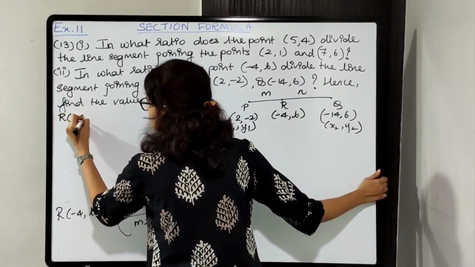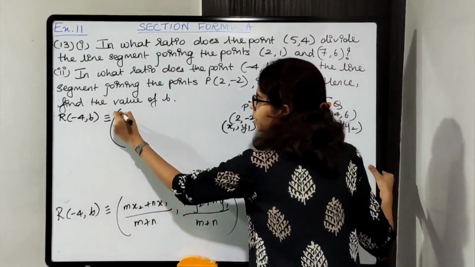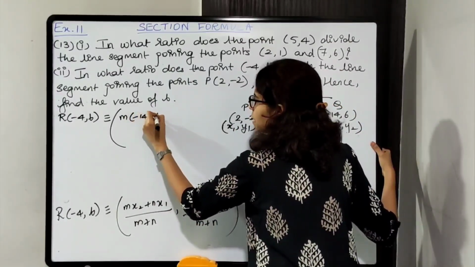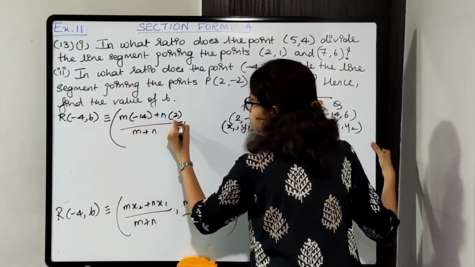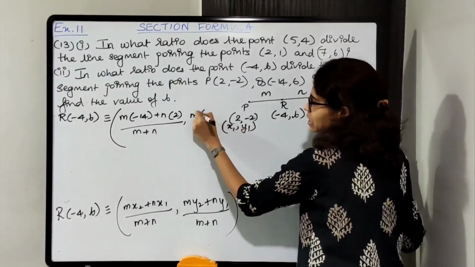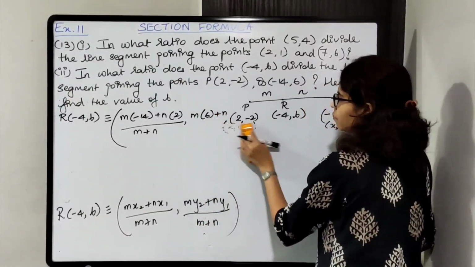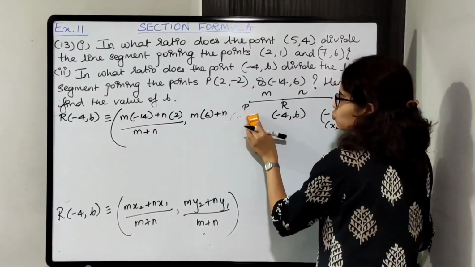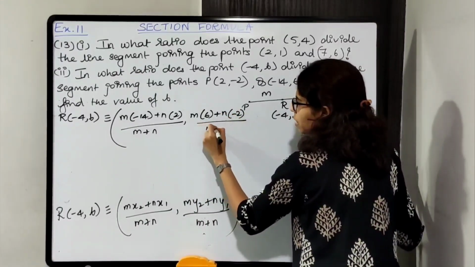So r minus 4 comma b क्या है? m into x2, x2 is minus 14 plus n into x1, x1 is 2 upon m plus n. y coordinate क्या हो जाएगा? m into y2 is 6 and plus n into y1 is minus 2 upon m plus n.